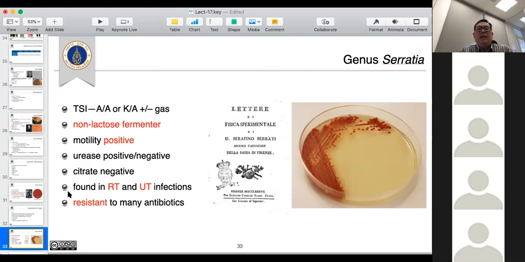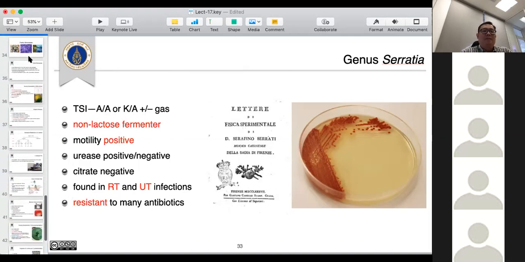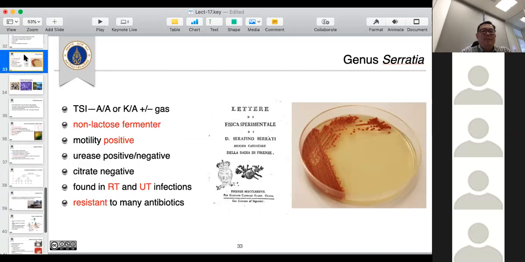It can be found in respiratory tract infection and urinary tract infection. The significant thing about Serratia is that they resist so many antibiotics. That makes Serratia a very important bacteria.